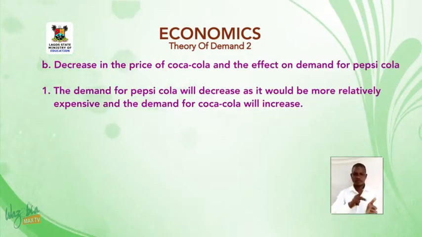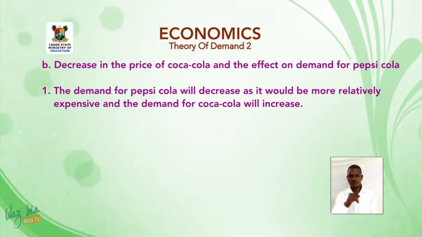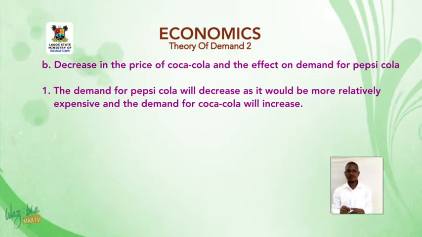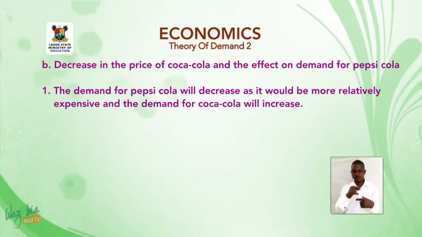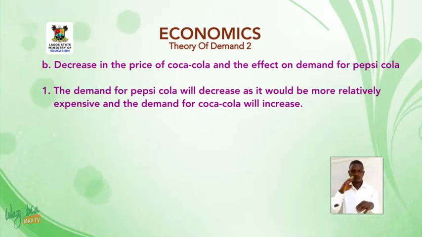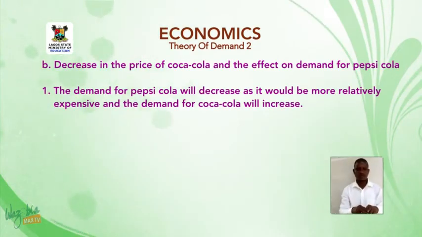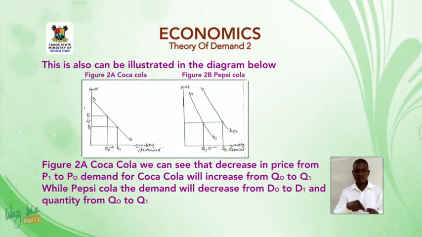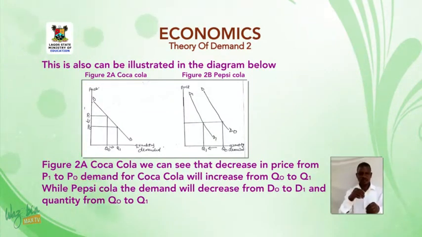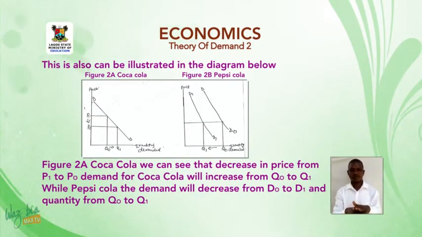Let us consider the second one. Decrease in the price of Coca-Cola and the effects on demand for Pepsi. 1. The demand for Pepsi-Cola will decrease as it will be relatively more expensive and the demand for Coca-Cola will increase. This also can be illustrated in the diagram below.